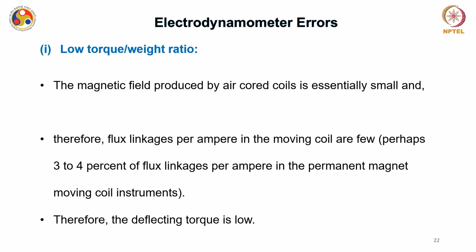So let us try to understand what we mean by the low torque to weight ratio. Now the magnetic field produced by the air cored coil is very small, as we have just talked. So basically the flux linkage per ampere in the moving coil is very less. In fact, it is 3 to 4% of the flux linkage per ampere in the permanent magnet moving coil instrument.